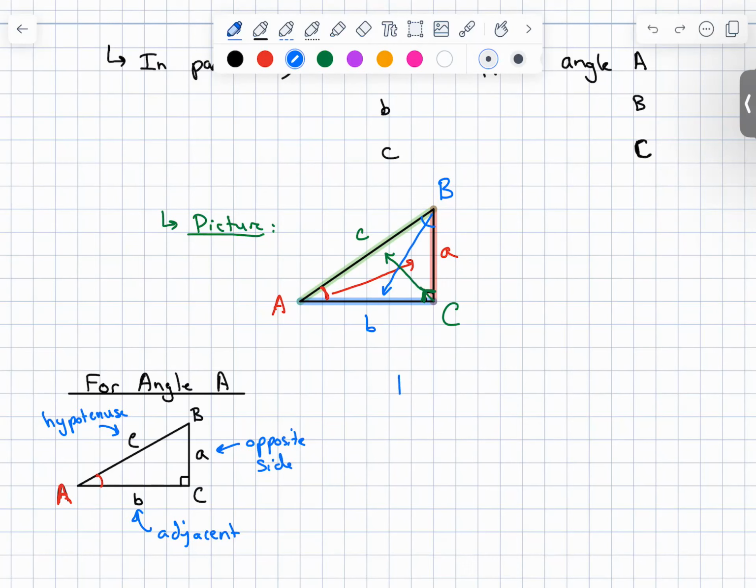We're going to do the same thing for angle B to show you that it does matter which one you're looking at. I'm going to draw the exact same picture. Well, in fact, I'm going to copy it.